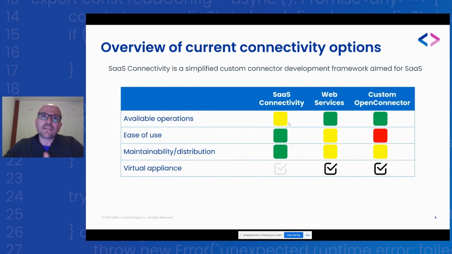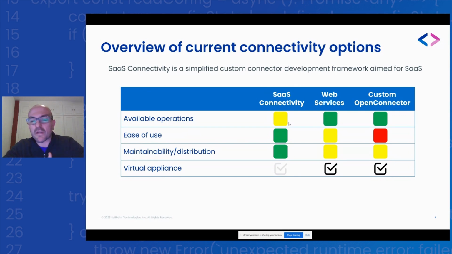For our REST interface, for a SaaS connector, for everything that has an HTTP connection or some kind of REST interface, we have three main options to get this to work. One is SaaS connectivity, another one is web services, and finally the custom open connector. Out of these three, I'd like to tell you how I think they stack up.